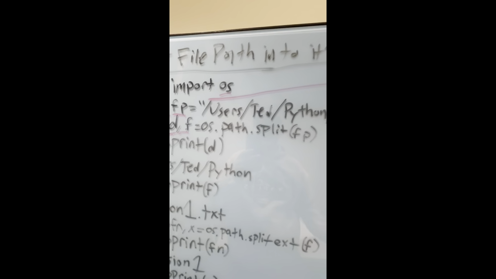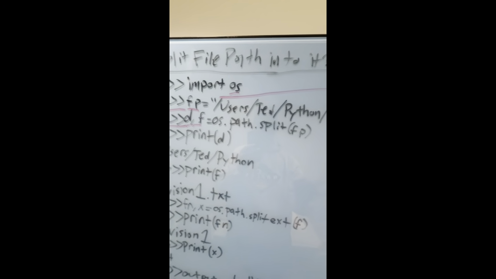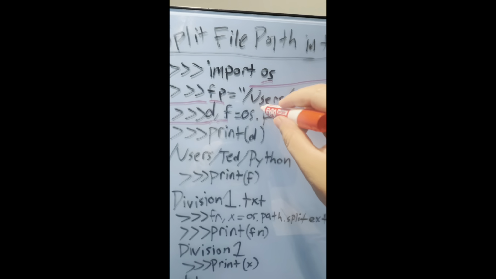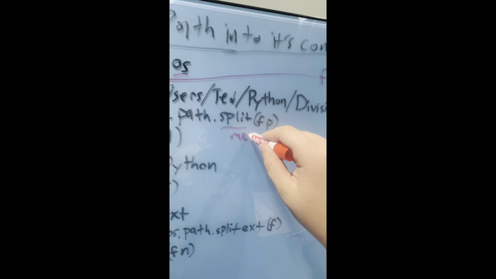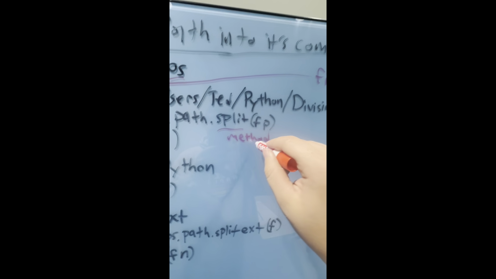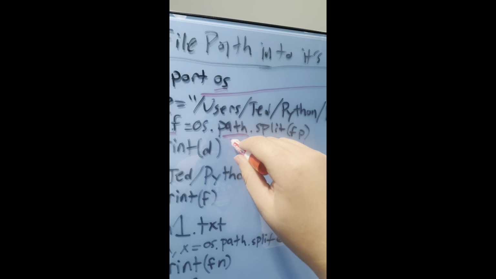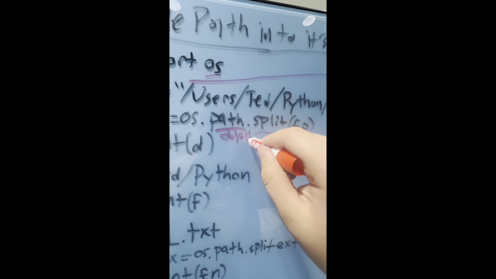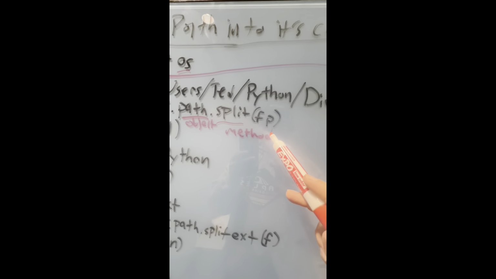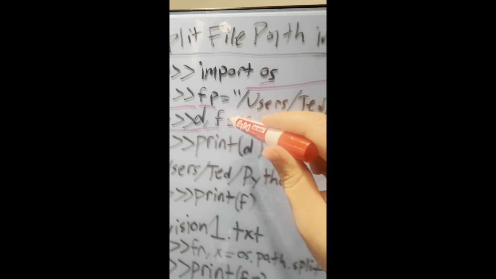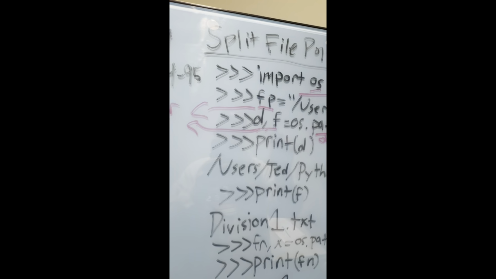os.path.split(FP). So this, I'm completely remembering this from my head. Okay. We're using the split method from the path object from the OS module to split FP into file name and directory, right?